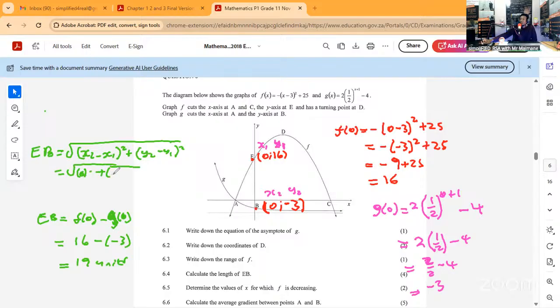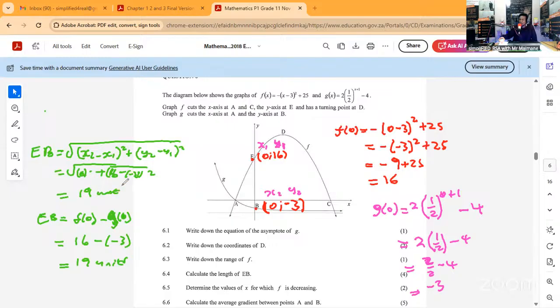Plus y2 minus y1, which would be 16 minus 3 or minus 3 minus 16, it doesn't matter, because when you square it and take the square root, it's going to come out as 19 units as well.